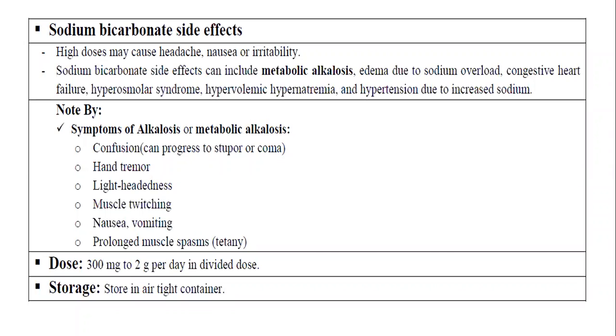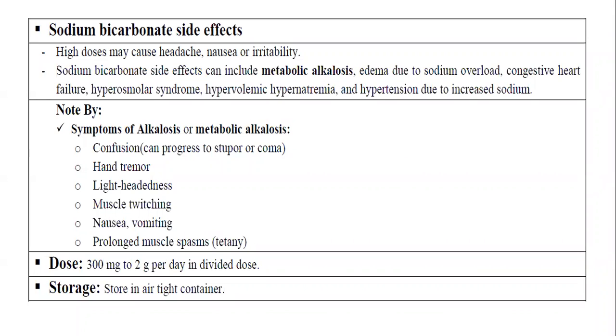You just wanted this sodium bicarbonate to increase the pH in your stomach. But since it gets absorbed into the blood, it will also increase the pH of your blood. So this is called metabolic alkalosis. Because of this, there will be more side effects. So this is one main side effect.